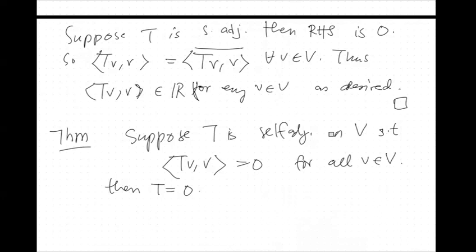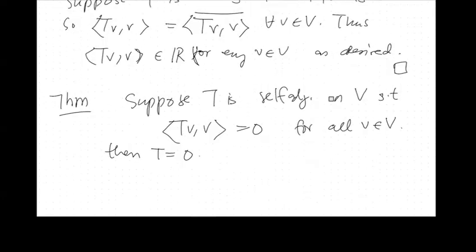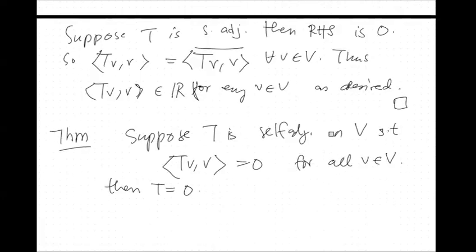This is self-adjoint, and if the inner product TV, V is 0, it will give you a 0 operator. Okay, anyway, we just have a few more pages to cover. So let's provide the proof of this claim.